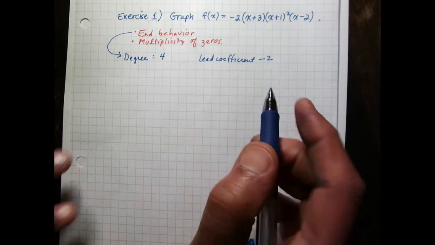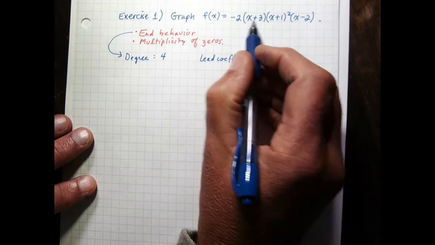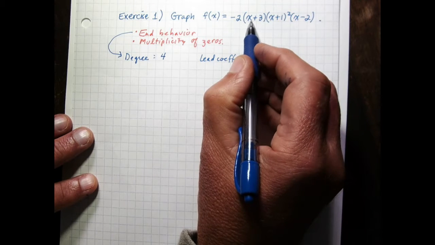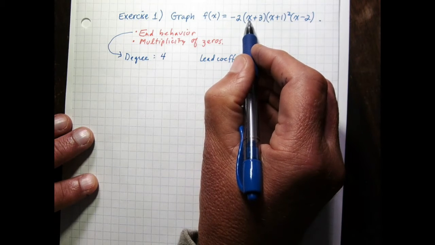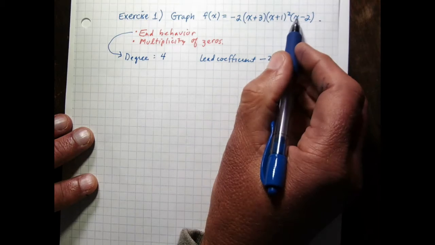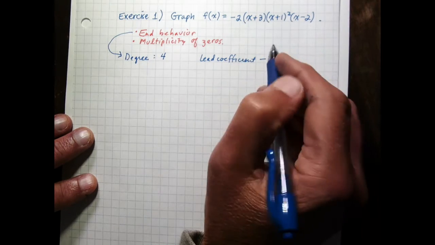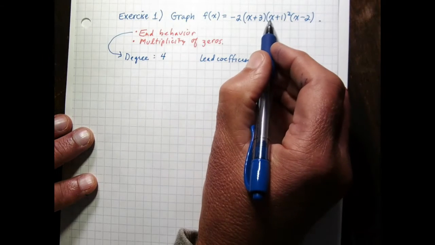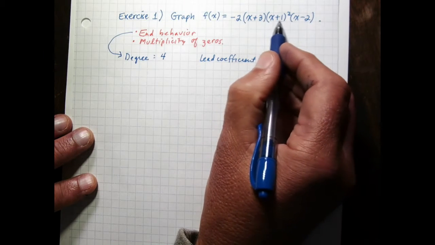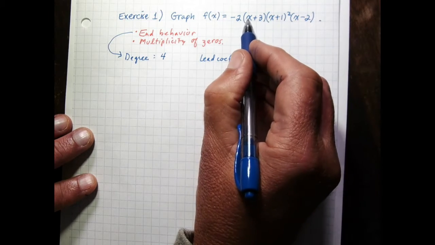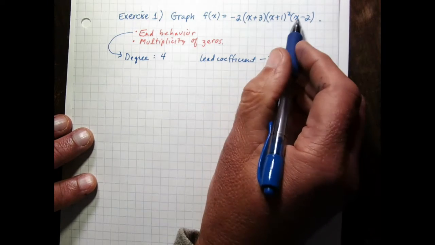Now, you want to be able to just not have to write so much down. You just want to realize that the x from each one of these linear factors will contribute to that final degree. And then you have to count the x plus 1 here twice since it occurs to the second power, right? So we have x times x times x times x.